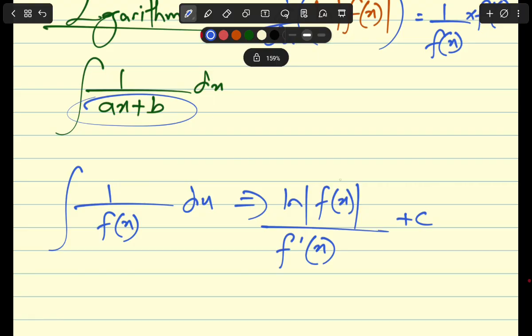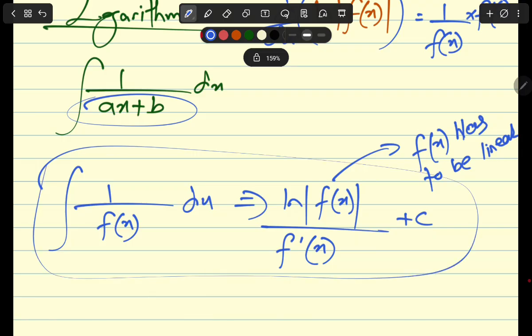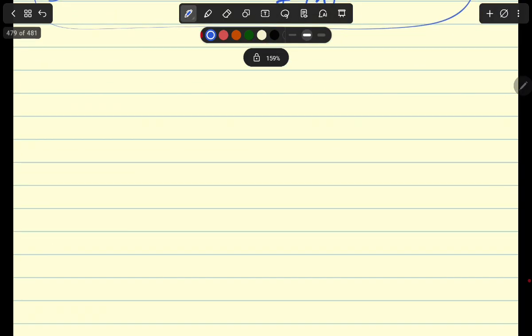This only happens when f(x) is linear, has a power 1, right? f(x) has to be linear. This condition must be satisfied in order to do the logarithmic integration. Okay, that's exactly why Cambridge makes this a favorite exam question, and we will see when we are tackling the exam style questions.